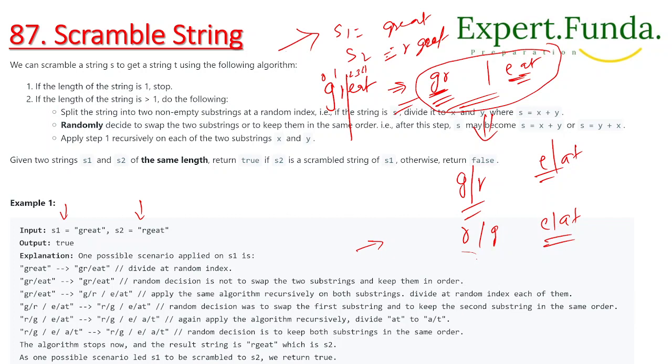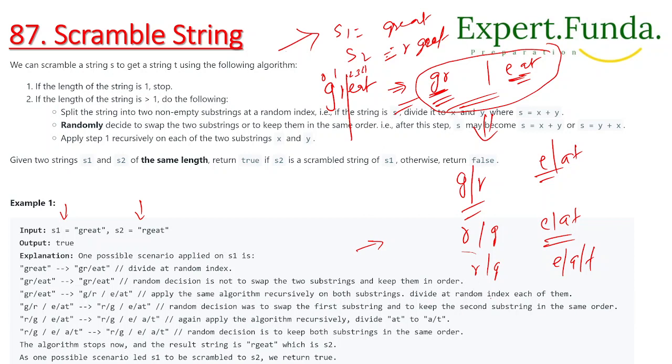We apply the same algorithm and divide EAT into E, A and T. R and G we have already divided, and E is already divided, now A and T we divide.